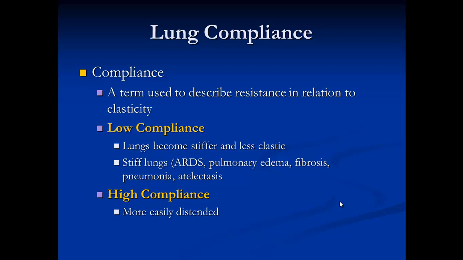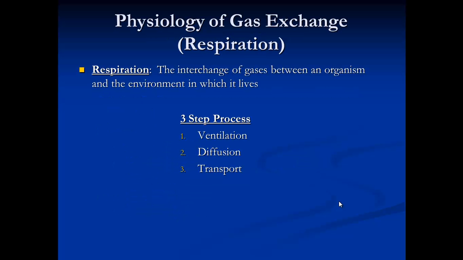normal population. Let's talk a little bit about the interchange of gases between an organism and the environment. Respiration is done by three processes: ventilation, diffusion, and transport.